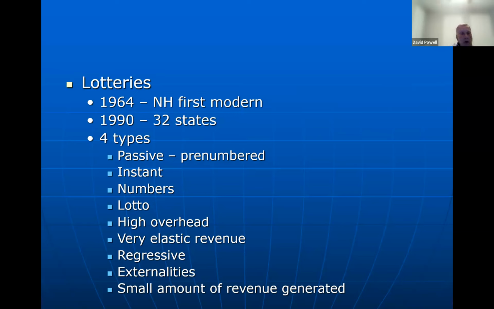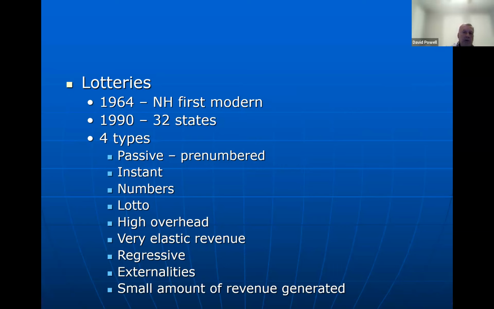They were sold on, we are going to be able to generate all this money for education. However, if you look at K through 12 funding, lottery proceeds make up usually less than 1% of the revenue that goes into local education agencies at the K through 12 level.